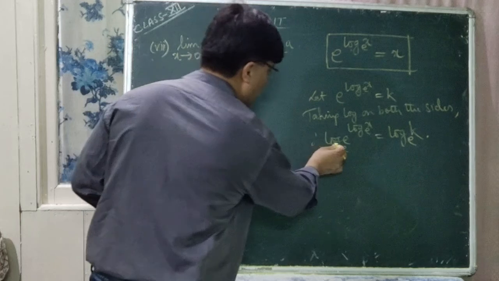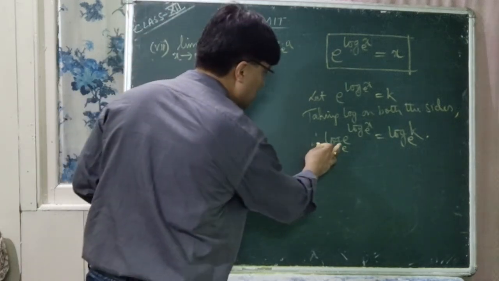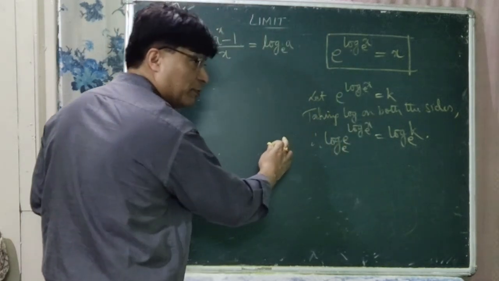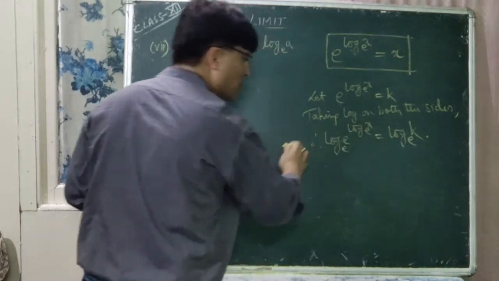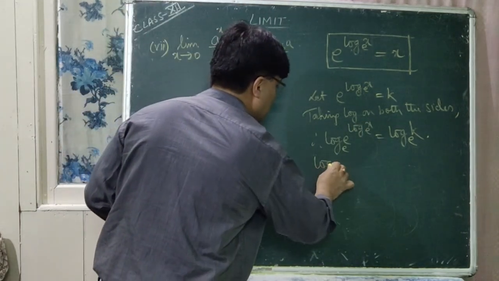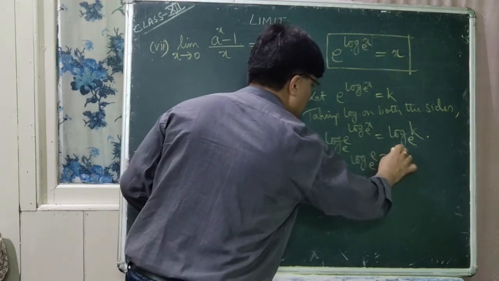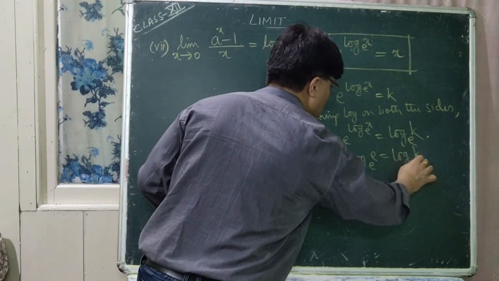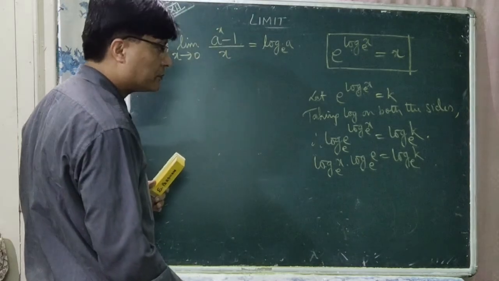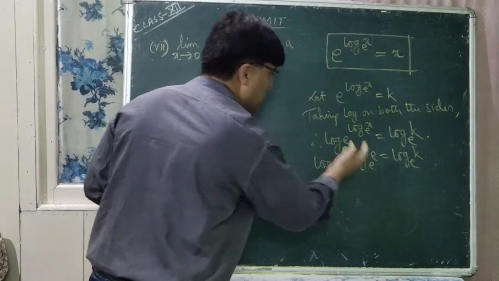Now because of this log, from the properties of logarithm, the power becomes the coefficient. That means log x base e comes in the front. It will be log x base e into log e base e is equal to log k base e. Now what is log e base e? It is always 1.